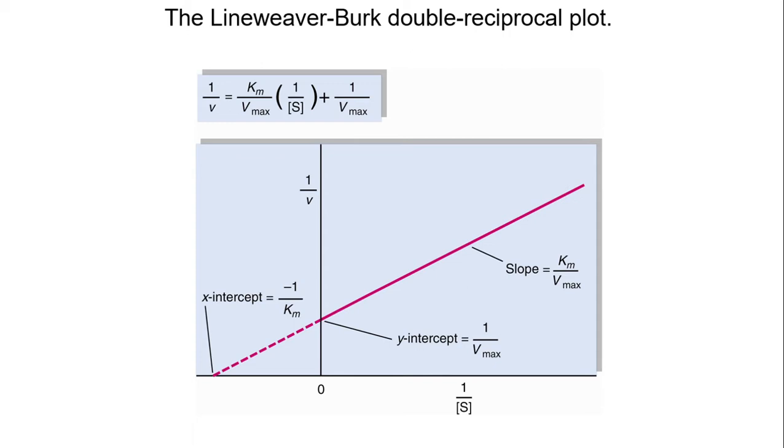This can also be used to determine how enzymes are inhibited or shut off with respect to inhibition. The y-axis here is 1 over velocity, the x-axis is 1 over substrate. We're going to look at these together in more detail momentarily, so I'm not going to say much more about this graph right now.